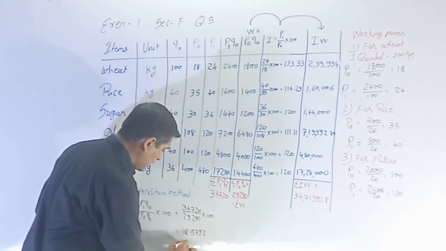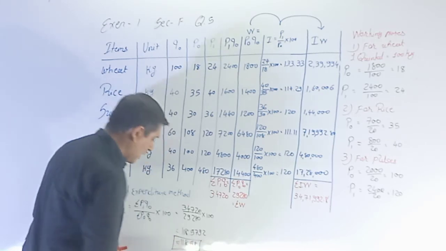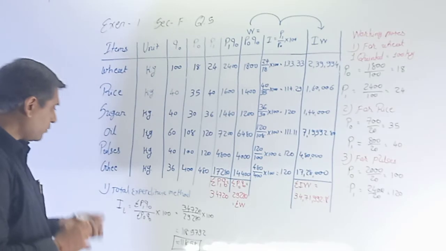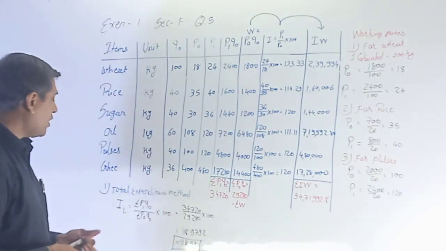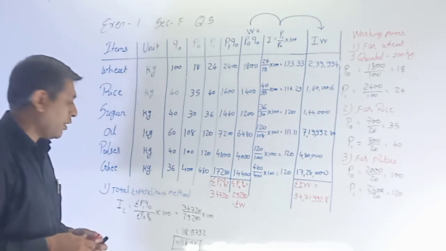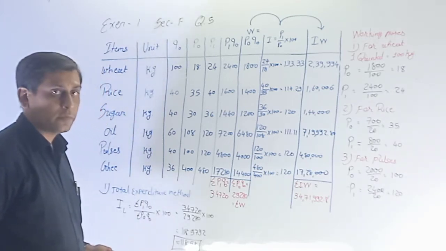So your approximate answer is 118.58. The index number as per total expenditure method is here 118.58.